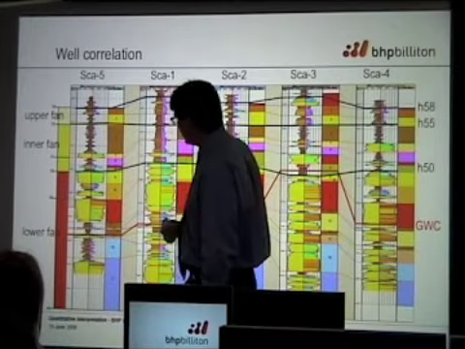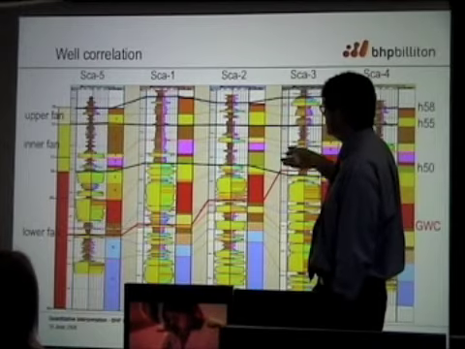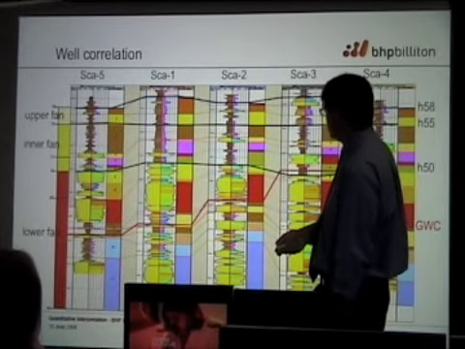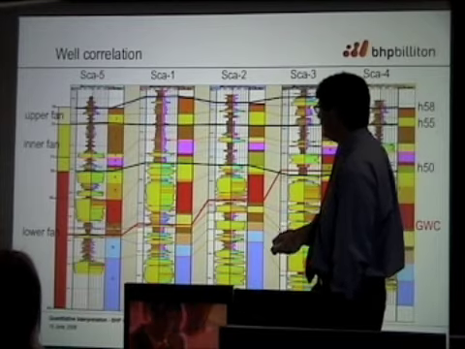We built into the model what these intervals were in terms of their thickness as well as their net to gross, and then superimposed this with the seismic data. So this was used as an initial constraint going into the model.